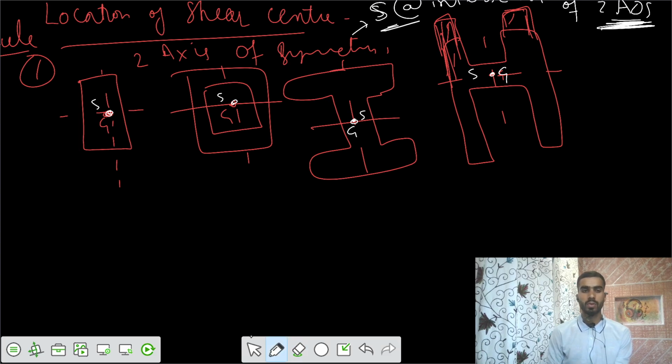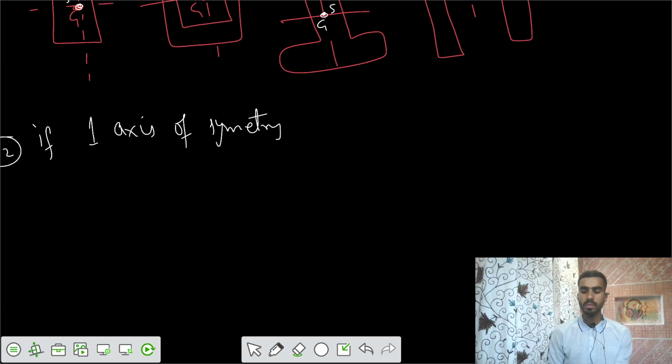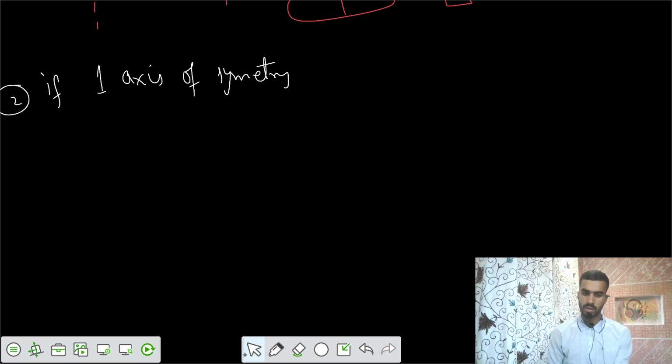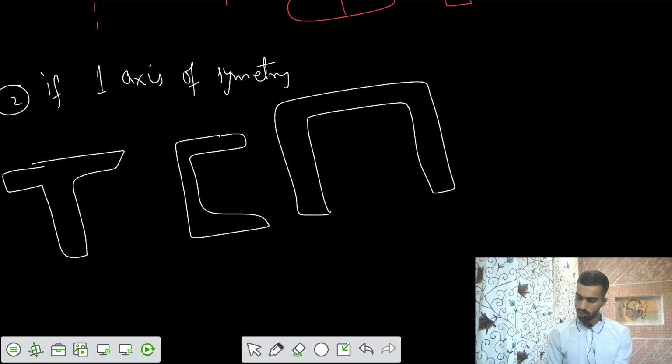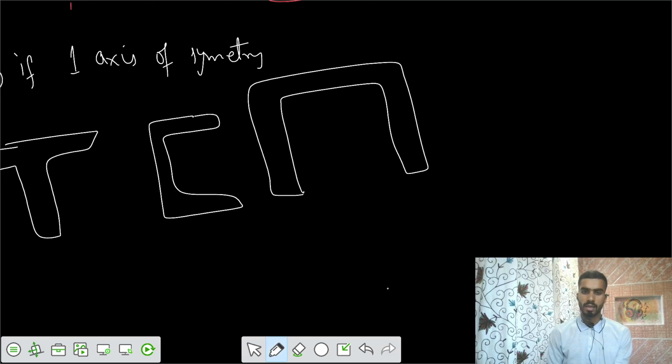For the next rule, now if you have only one axis of symmetry, let's call those sections, let's say this is some T section, let's say this is some channel section C, and this is also some channel section C. Let's take the case that we have one axis of symmetry, and we know that there is some shear flow, and the shear center is at some point.